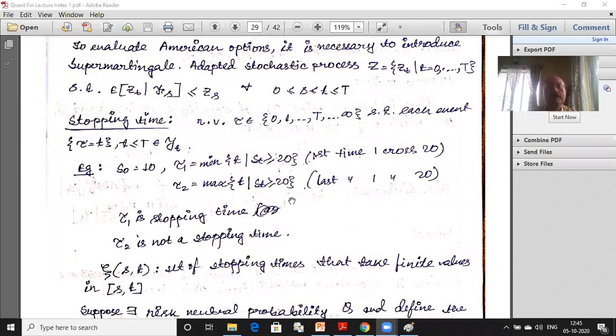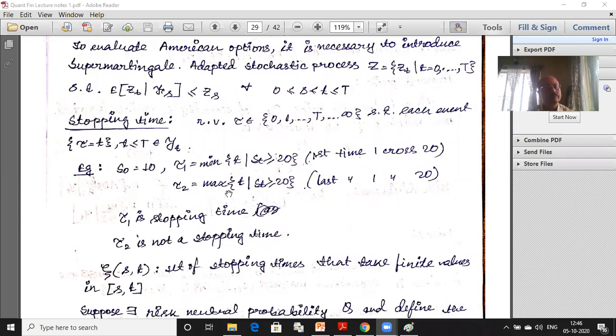Now you see, tau 1 is a valid stopping time because you can calculate its probability distribution with information up to time t, because whether it has or has not crossed 20 up to time t is all that matters. But tau 2 is not a valid stopping time because I'm talking about the last time. It may happen again later on, and later on is not yet known to me. So I will not be able to calculate the probabilities for tau 2 with information only up to time t.